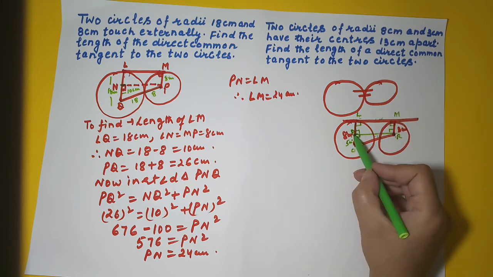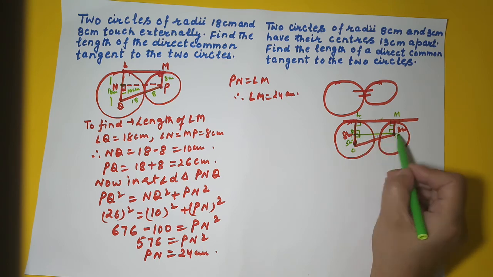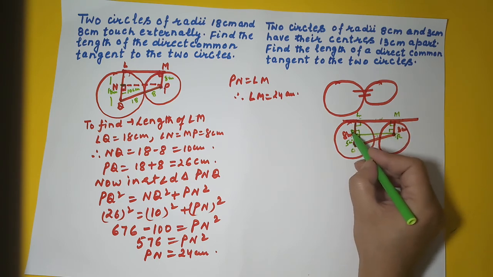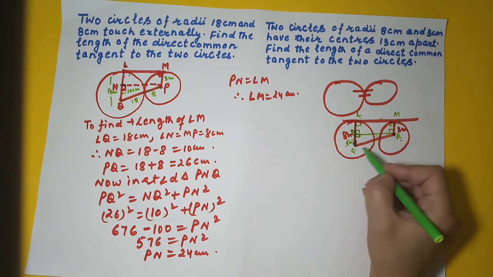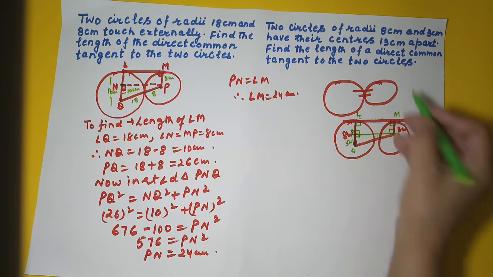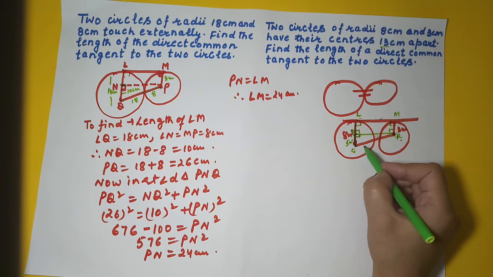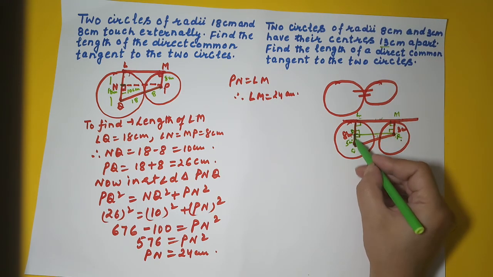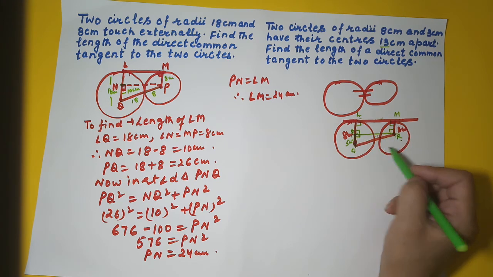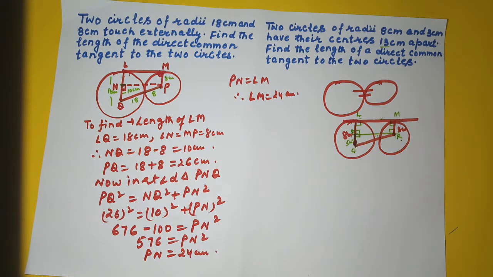Fine. Now how do we proceed to find this QR? We will consider this right angle triangle QOR. In this OR is given because two centers are 13 centimeters apart. This we have calculated 5 centimeters. We can calculate QR. Clear? Okay. So let's write this. How will we write this?